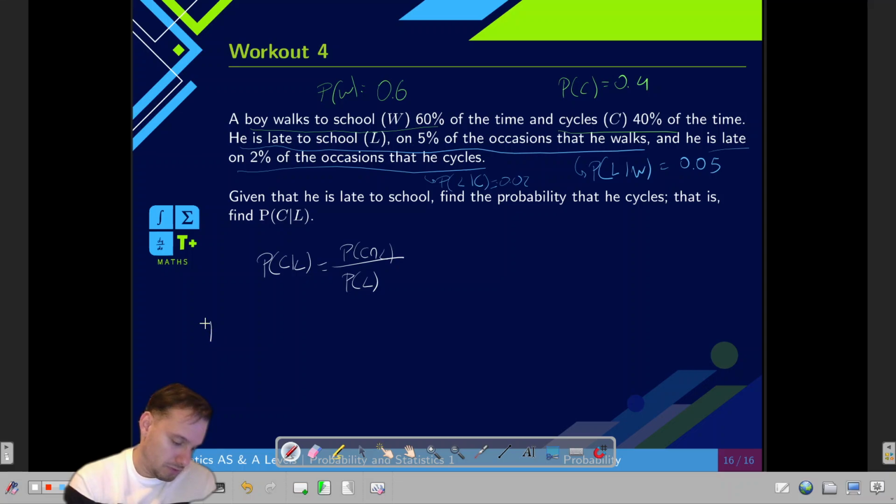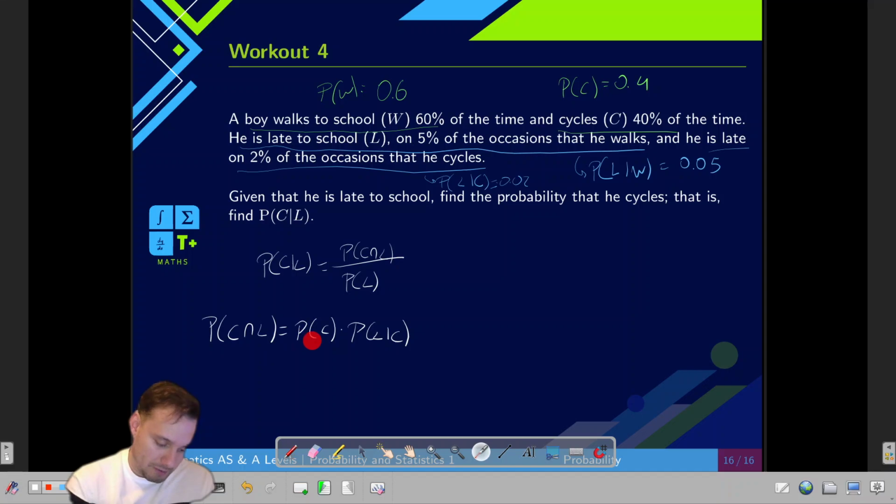We know from the rule that we saw earlier that the probability of the intersection can be expressed as the probability that he cycles times the probability that he's late, knowing that he cycles. Remember that the late that is here, we are taking given the other event. So from here, we can find the intersection for these dependent events.